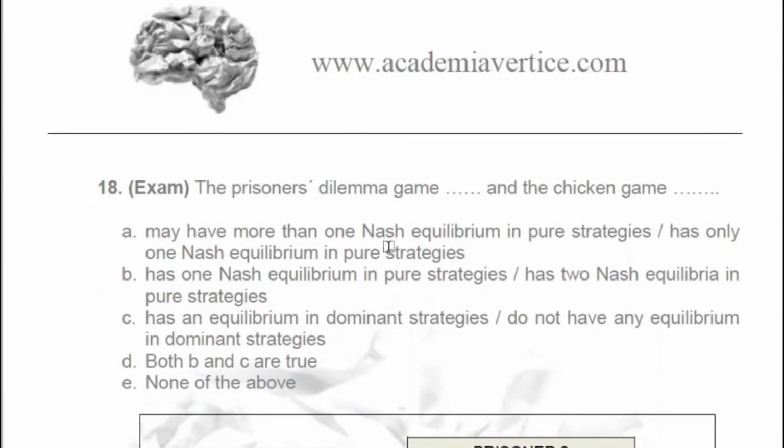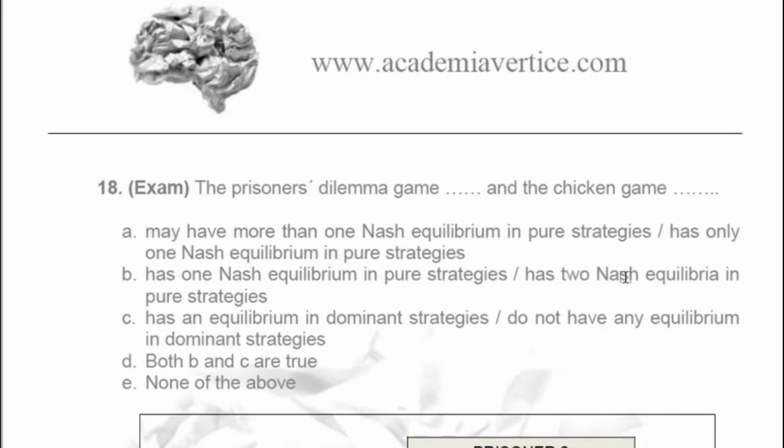Perfect. Now, 18. Exam question. The prisoner's dilemma game and the chicken game. Well, the prisoner's dilemma game may have more than one Nash equilibrium in pure strategies? Of course not. The prisoner's dilemma game has one Nash equilibrium in pure strategies. Yes.